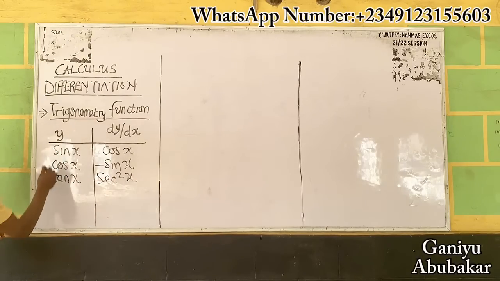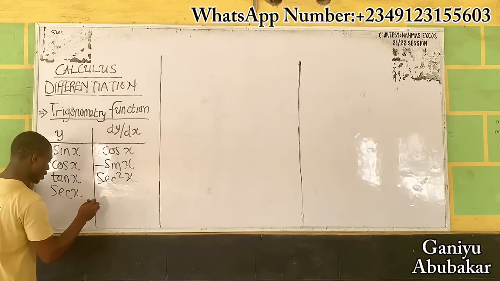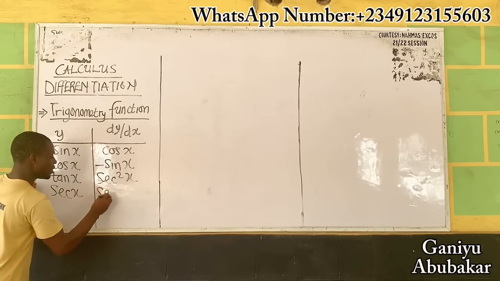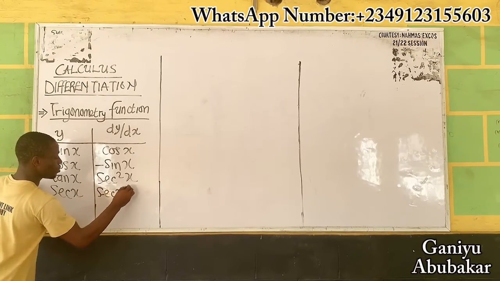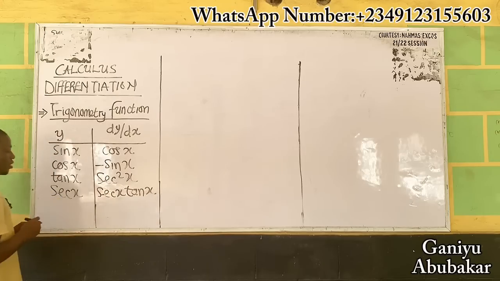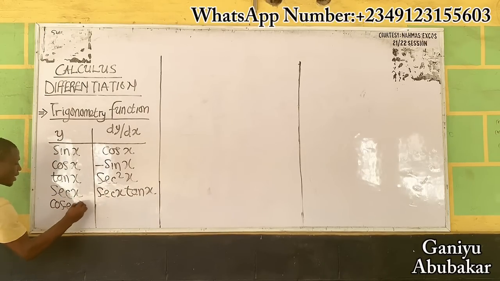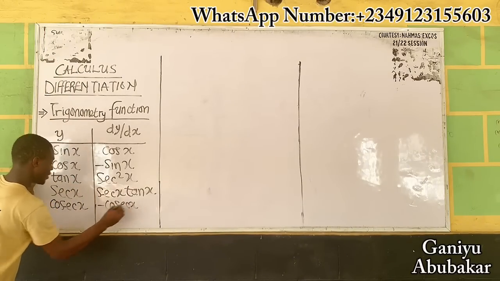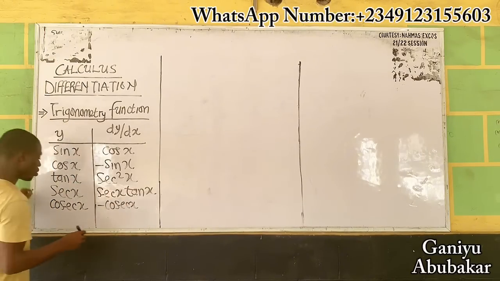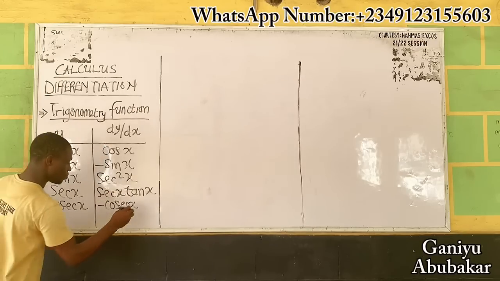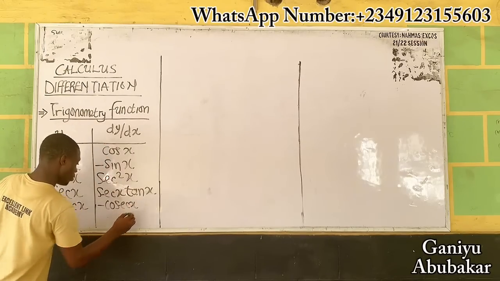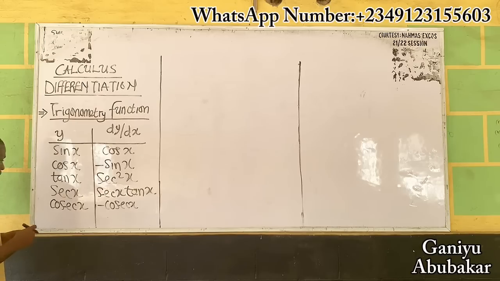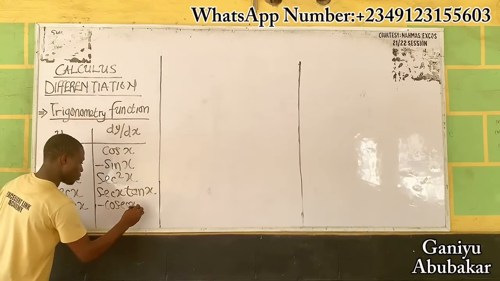Given that y equal to sec x, dy over dx is given as sec x tan x. Given that y is equal to cosec x, dy over dx becomes minus cosec x cot x.